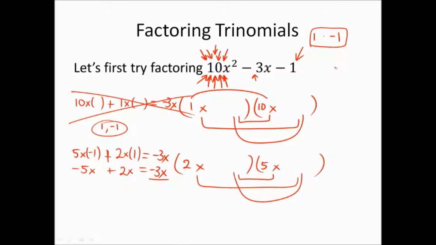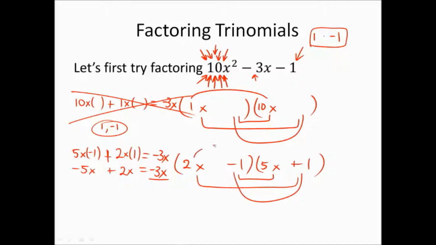Let's just finish this one up, but in the next slide we're going to work towards a more clean method of doing this. So here, the 5x needs to be in a multiplication statement with a negative 1, and the 2x needs to be multiplied by a positive 1.